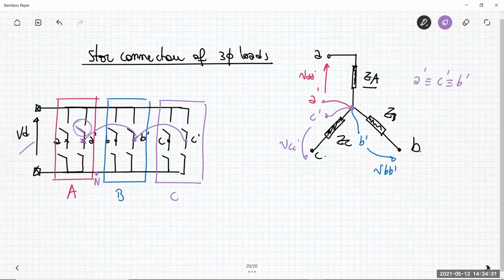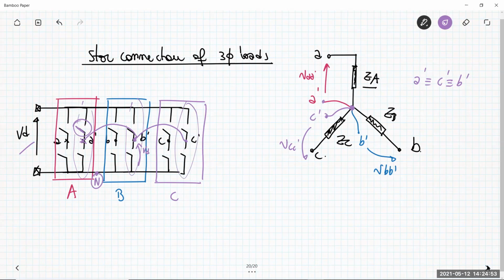What is the voltage between B prime and N? It is VD. What is the voltage between C prime and N? It is VD. So the three legs that are connected in this way are not independent.